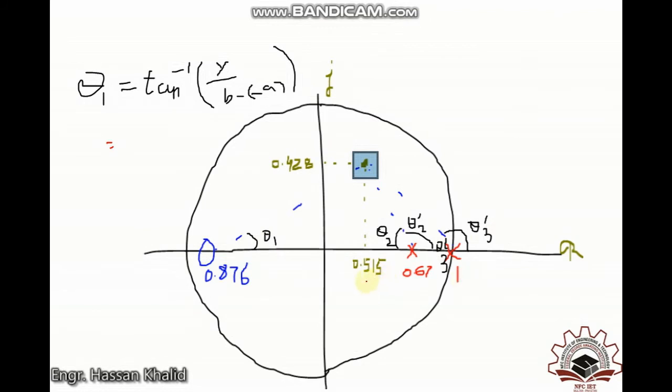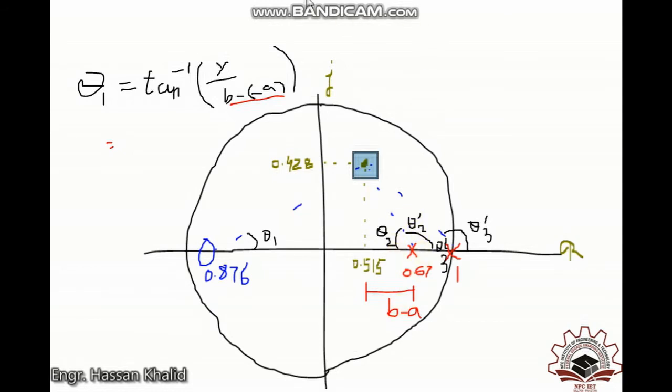Okay, now let's move toward the angle for the pole. Our pole is at this distance, 0.515 and 0.67, so it can be easily subtracted by the B minus A formula, and whatever the incremental distance becomes, just put it in this equation. The vertical distance at this point is once again 0.428.